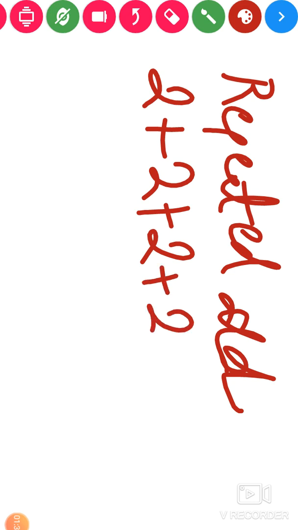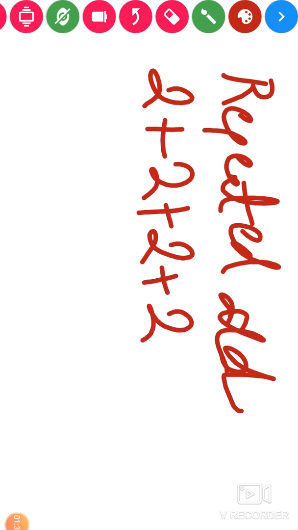Multiplication is repeated addition. Okay? Multiplication is repeated addition. That means 2 plus 2 plus 2 plus 2.